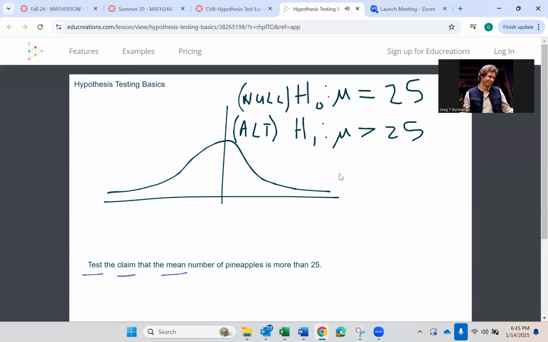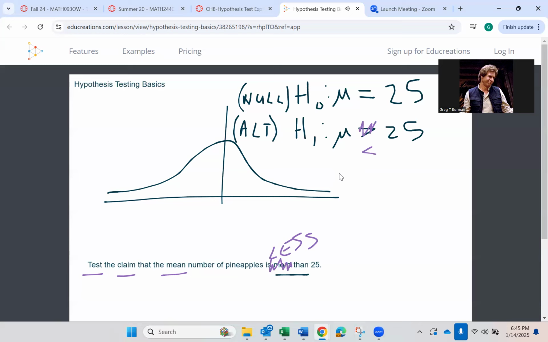Now, depending on the wording of the problem, in this case it was more than, H1 might look different. What if it was less than 25? Then we would put a less than sign there instead of the greater than sign.